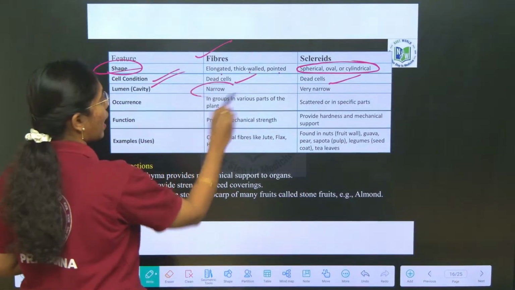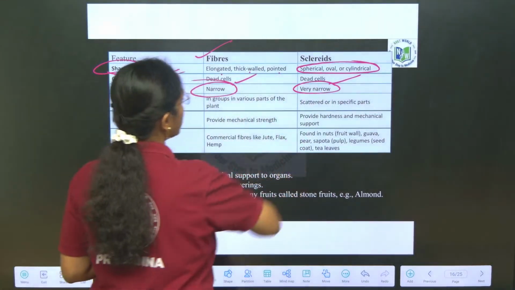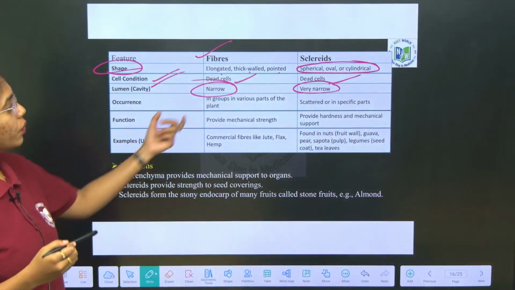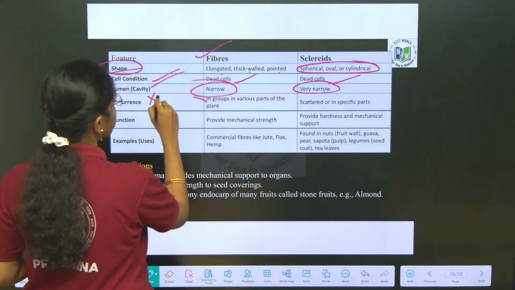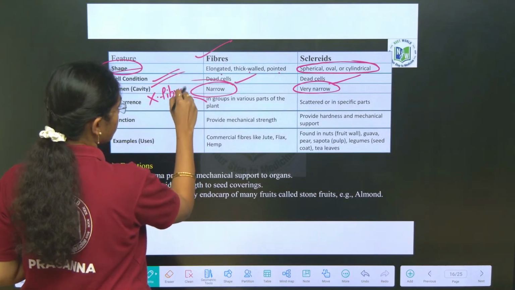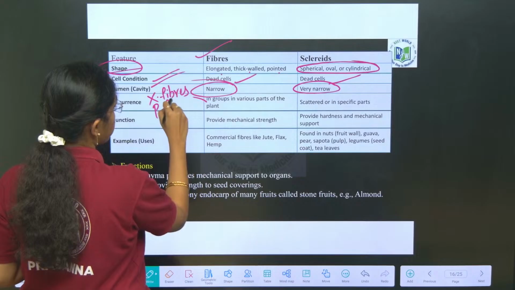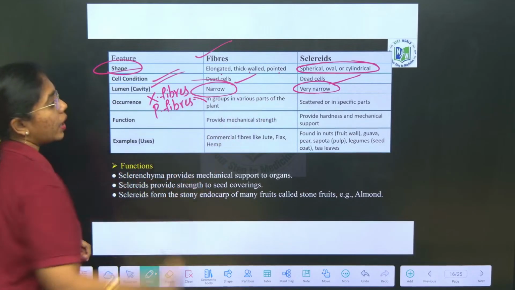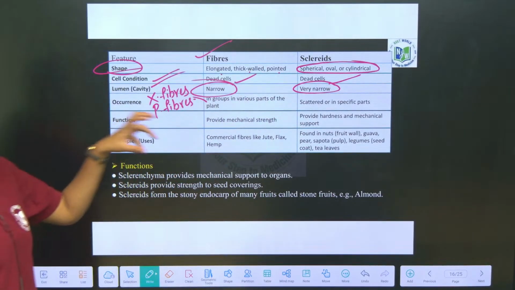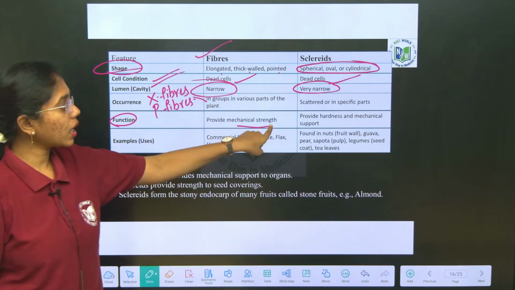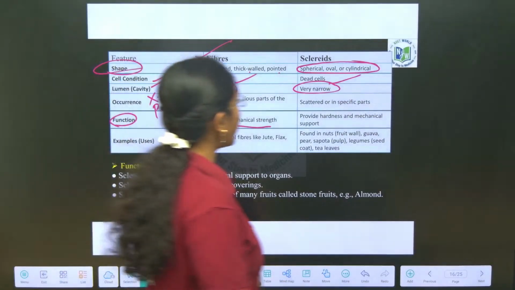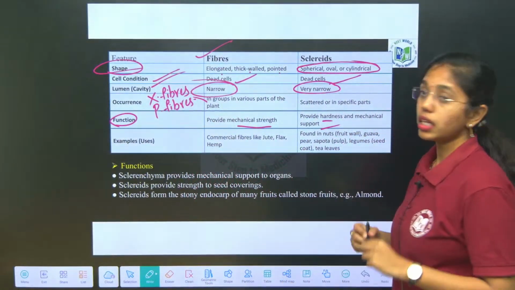The lumen is narrow in fibers, very narrow in sclereids. Fibers occur in various parts of the plant like xylem fibers or phloem fibers. Sclereids are scattered in specific parts. Function: they provide mechanical strength, hardness and mechanical support.